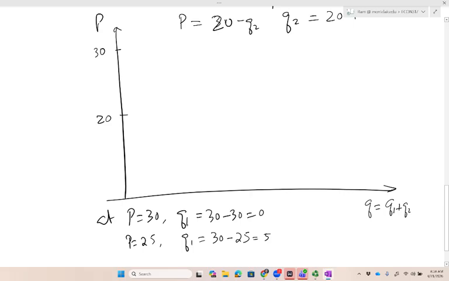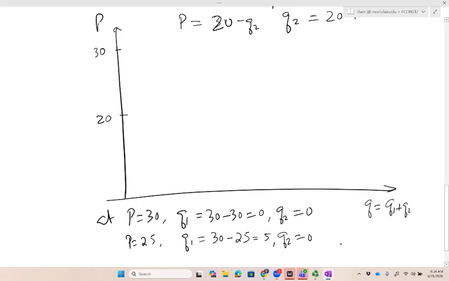Remember, Q1 is 0 for price equal to 30. Also, Q2 is 0 because buyer 2 doesn't buy anything as long as price is in excess of $20. So again, at price equal to 25, Q2 is 0.